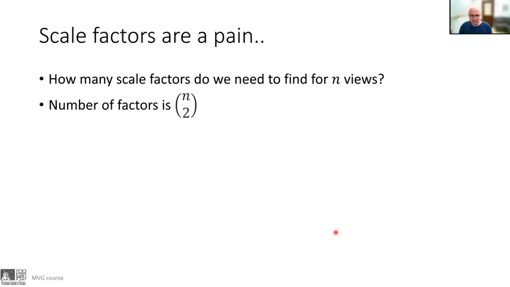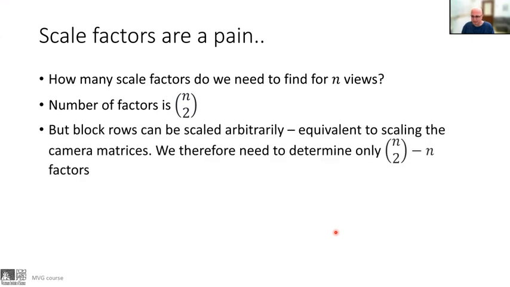So essentially, we can have up to n choose 2 scale factors that we need to solve for, right? That's the maximal number of fundamental matrices that we can have. However, in the projective case, the cameras are determined only up to a scale themselves. Now, we have n cameras, which means that we really need only to determine n choose 2 minus n scale factors. The rest can be used to scale the cameras.